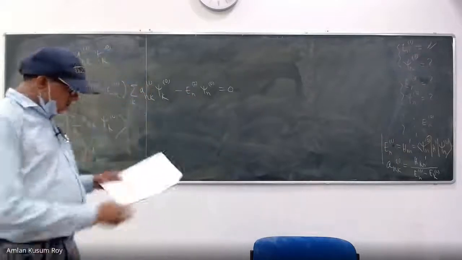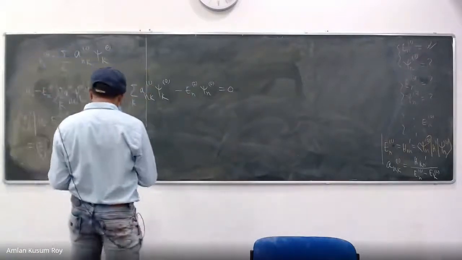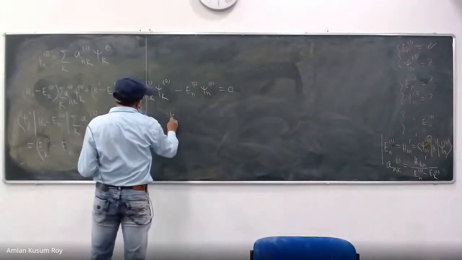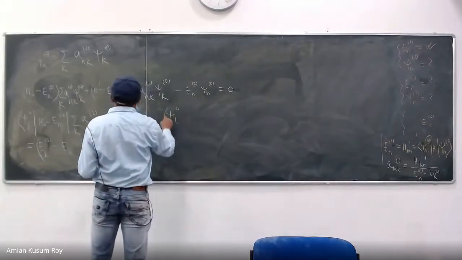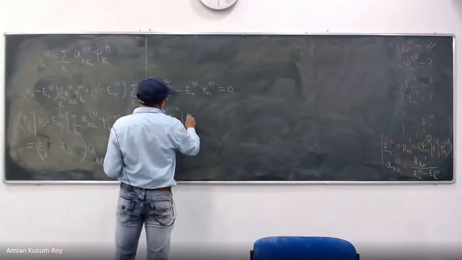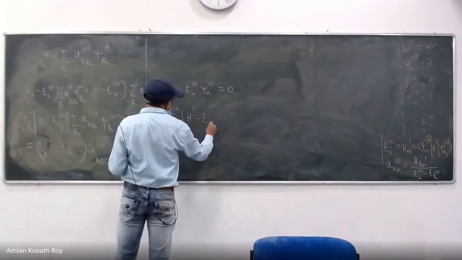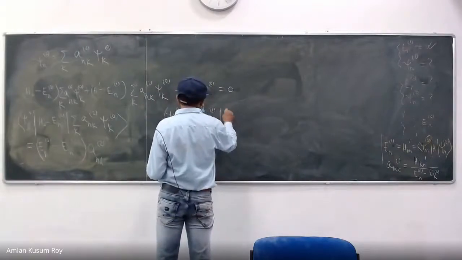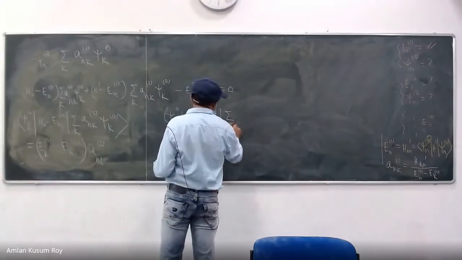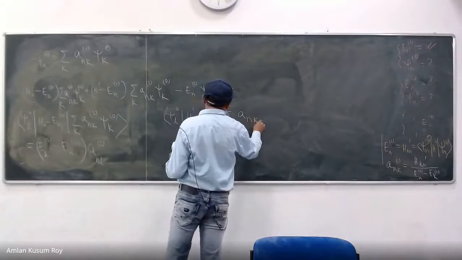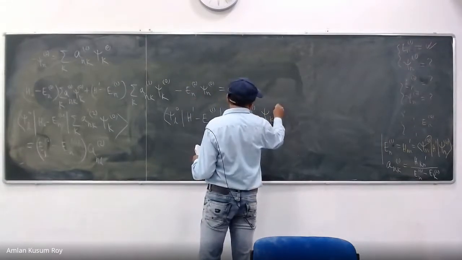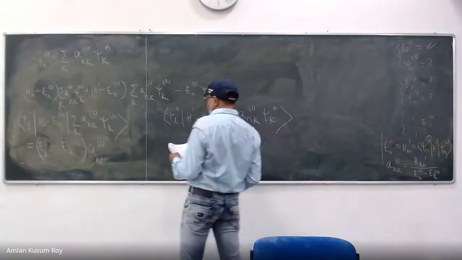Now let us do the second term. You have pre-multiplied with ψ_L^0, so this will become ψ_L^0 (H' minus E_N^1) summation K A_NK^1 ψ_K^0.